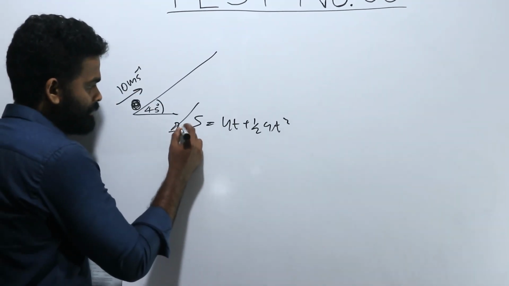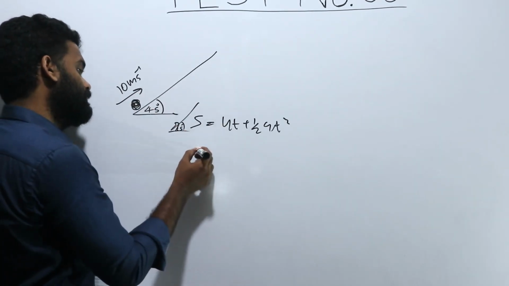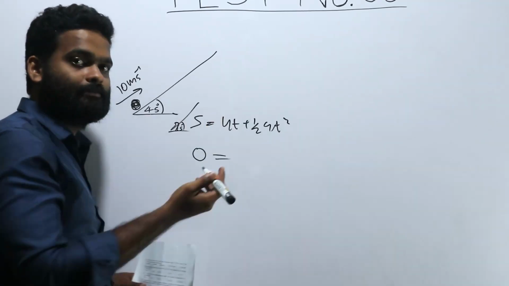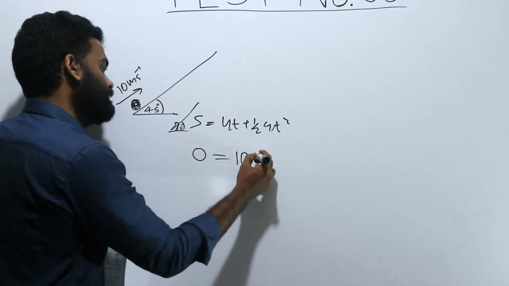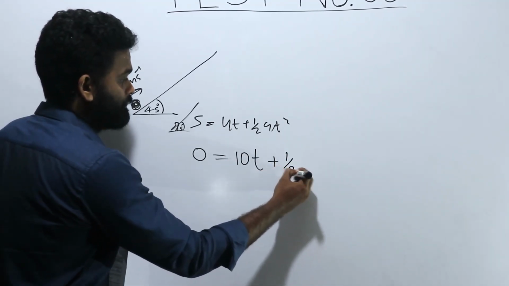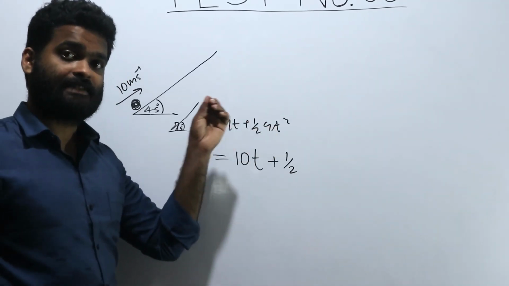So this is 45 degrees. For displacement to be 0, we need to find the time. Initial velocity is 10. Time is simply t, plus half, then this is the simple a. That's the acceleration.